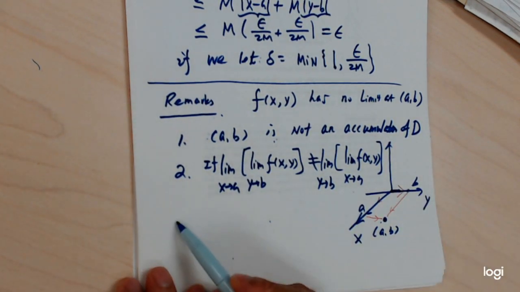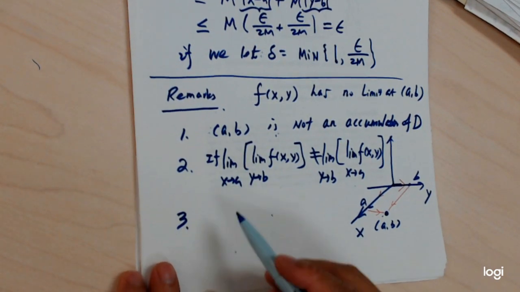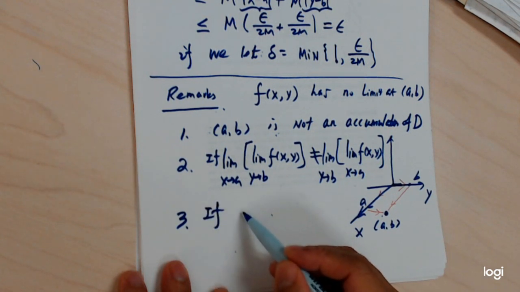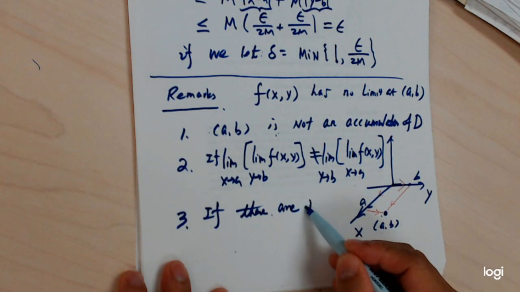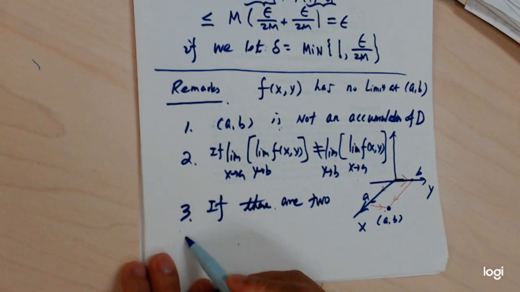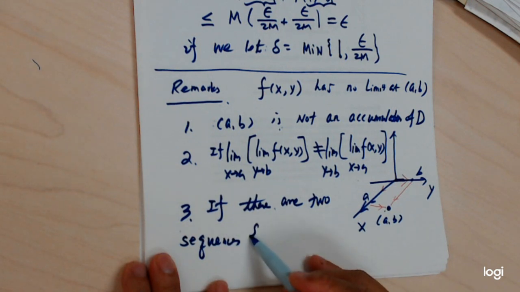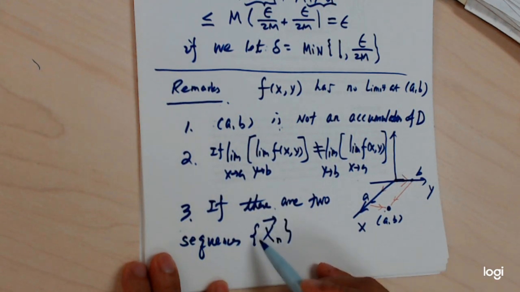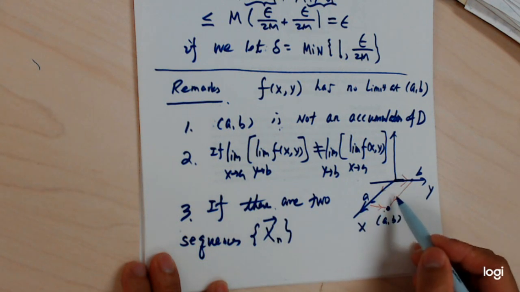A more general statement would be the following. This is the more general statement. If there are two different sequences, one of which we call x_n, where x_n here does not refer to the x coordinate, it refers to a point on the xy plane.